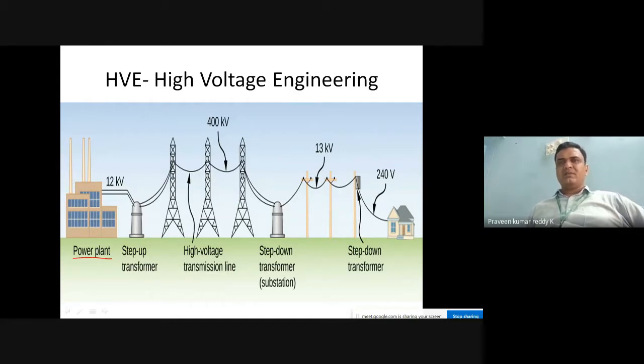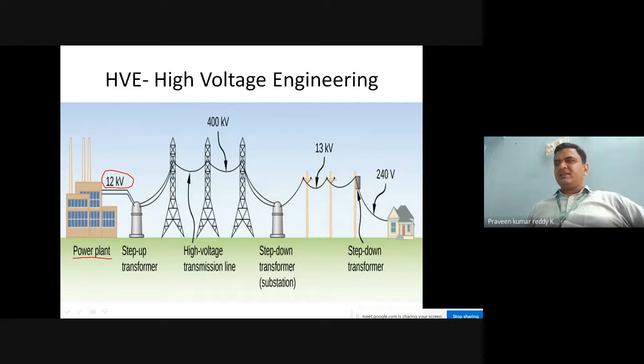At the left extreme end we have a power plant which generates a voltage of 12 kV, with big alternators or generators inside.